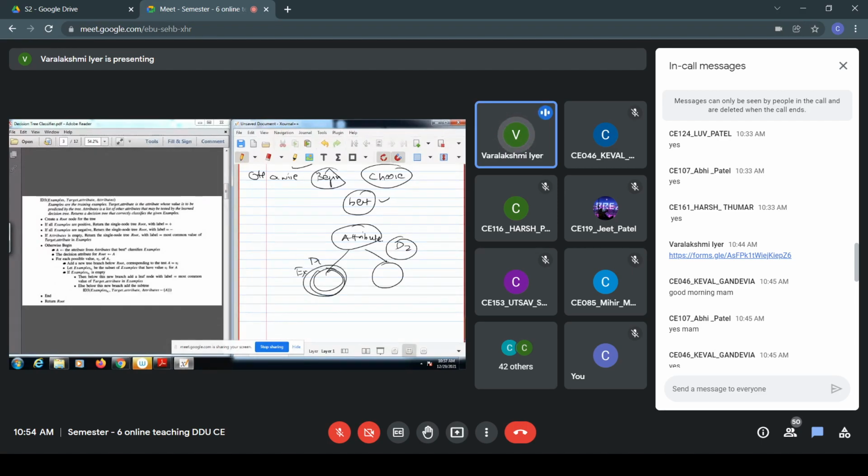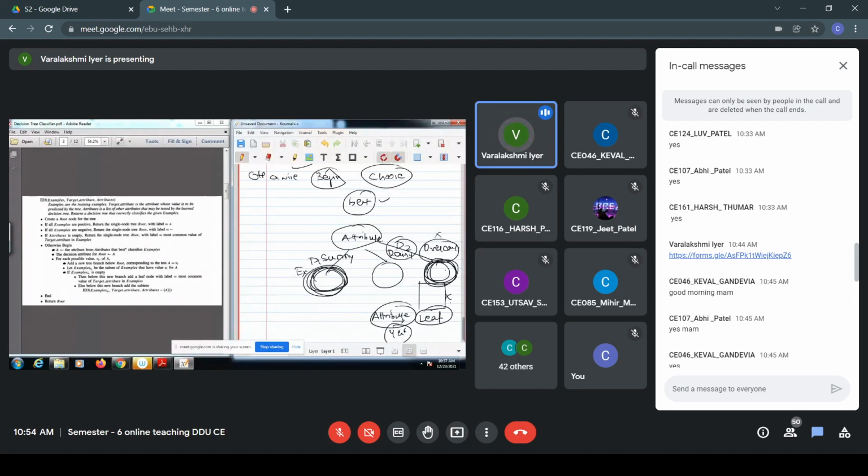Suppose we have performed the split and there is sunny, rainy, and overcast, and suppose there is no example of overcast in your training data. Then in this case also we will choose the leaf node with the most common target attribute value.